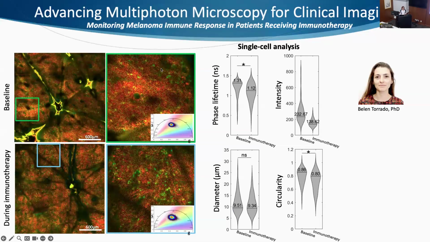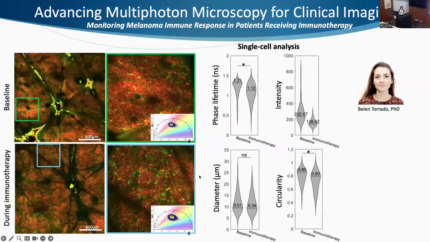Again, we acquire large-area volumetric images. This is just a representative example to show the population of his immune cells in the dermis before the patient started treatment, and then at some point during the treatment.